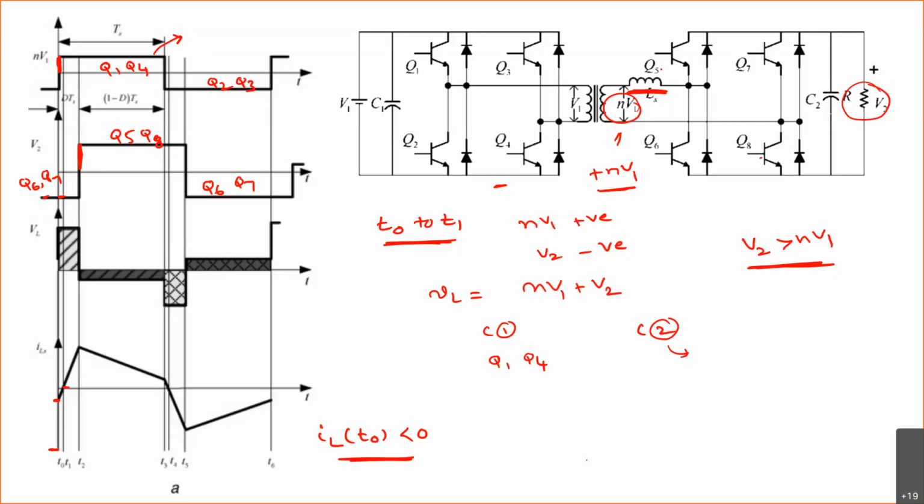D6, D7, since the current is negative. Even though Q6, Q7 are on, there is no current flowing through them, because the inductor current is negative. Is it clear?